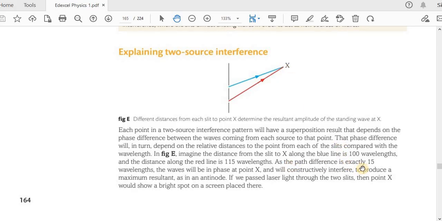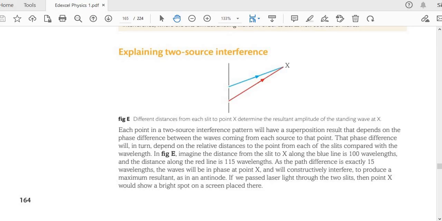As the path difference is exactly 15 wavelengths, the waves will be in phase at point x and will constructively interfere to produce a maximum resultant, as in an antinode. So we have exactly a whole number, or a natural number, of wavelengths. Therefore there will be constructive interference there, which means you will have an antinode.